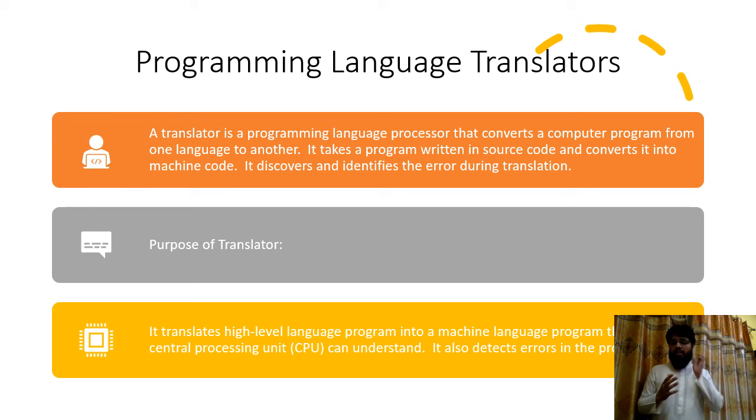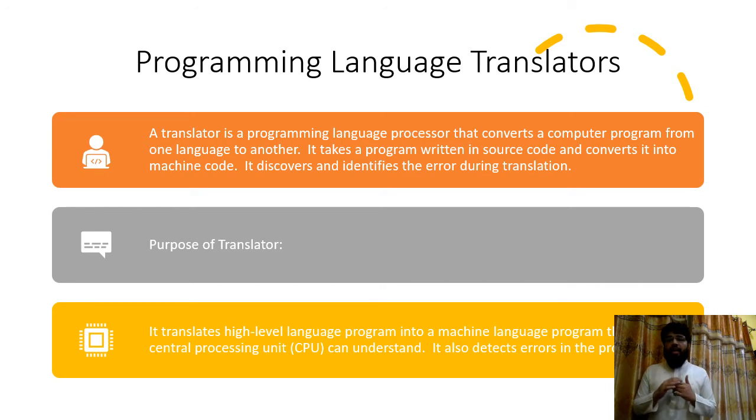What does the compiler do? Your language is converted from what you write into binary form, and this programming translator takes one language and converts it into the next language. So this is the form. It takes a program written in source code and converts it into machine code.